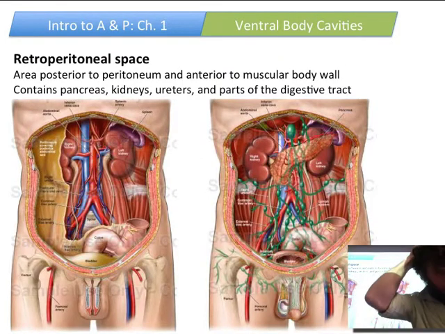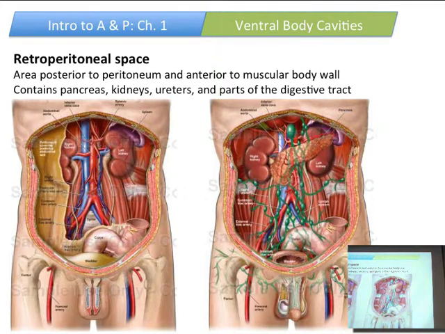All right. So there is a sheet of visceral peritoneum. Peritoneum is stuff inside your abdomen that covers all of the abdominal contents, right? The intestines and whatnot.